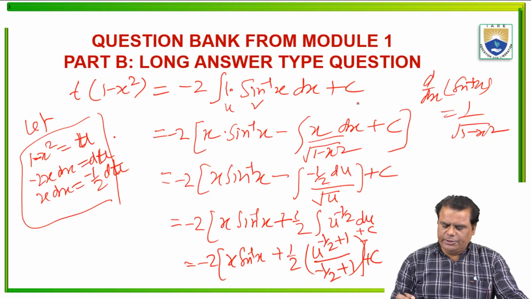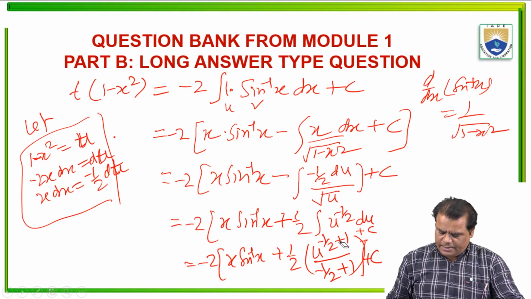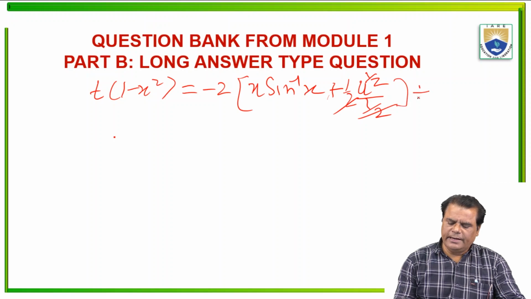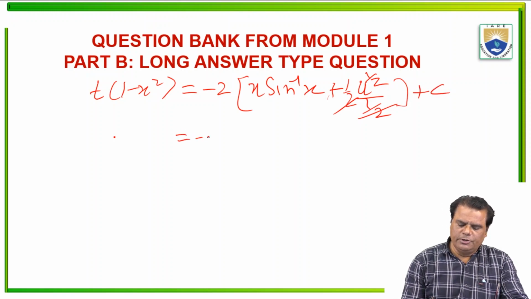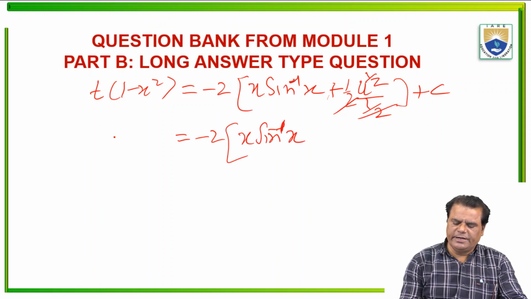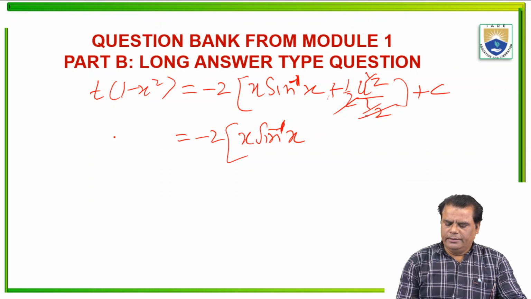And what happened here? u to the power plus half upon half. So this 2 cancels, and plus c. Now this equals minus 2 x sin inverse x. This is minus 1, and 2 cancels, plus u to the power half and plus c.